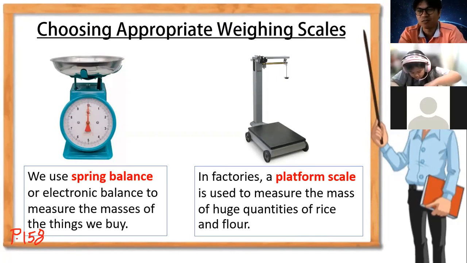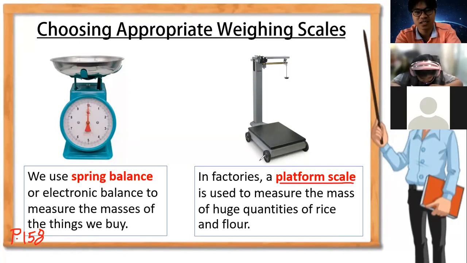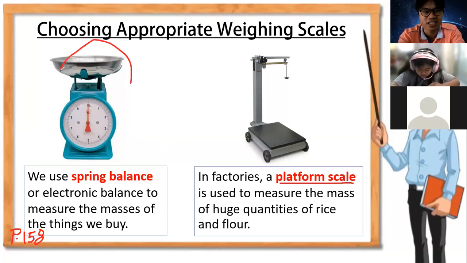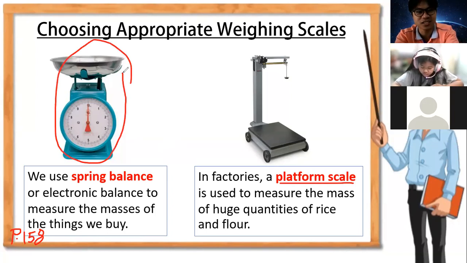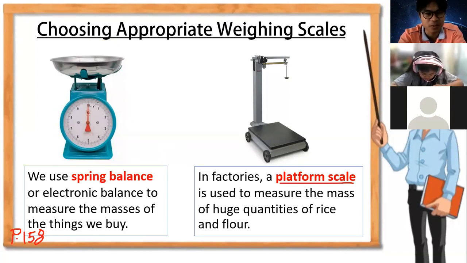Okay. So 50 kilograms, 100 kilograms. So this is the appropriate weighing scale, the platform scale. You cannot put one sack of rice here in this spring balance because the number here in this example is up to 10 only. So more than 10, we cannot use this spring balance. Right, so you can use only light objects in this weighing scale, spring balance.